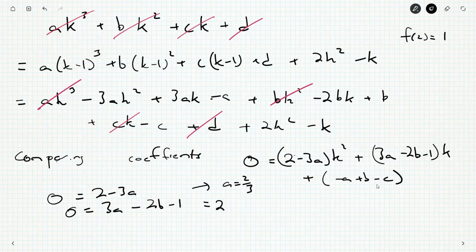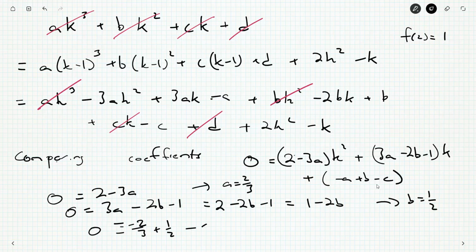And then so that's 2 minus 2b minus 1. So that's 1 minus 2b. So b is 1/2. And then 0 is going to be negative 2/3 plus 1/2 minus c. So that'll be c is equal to 1/6.